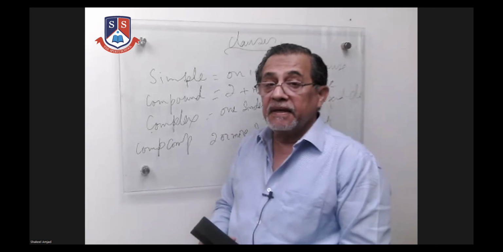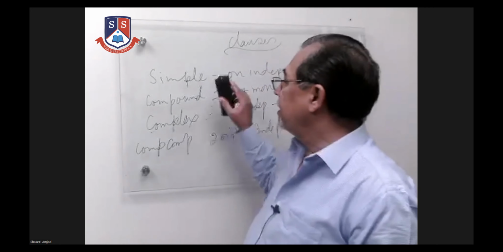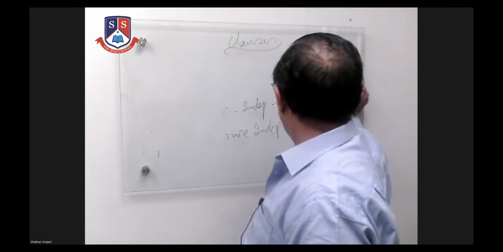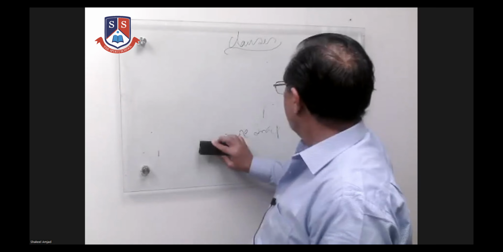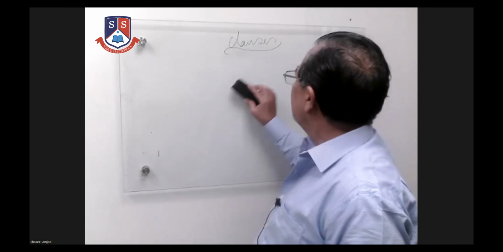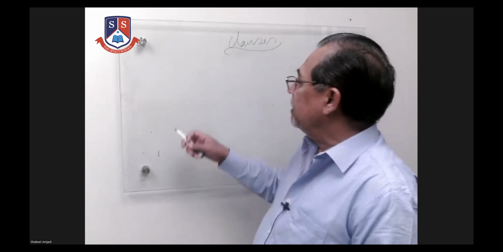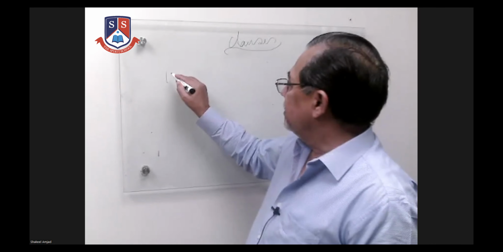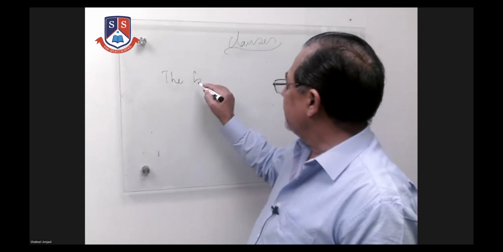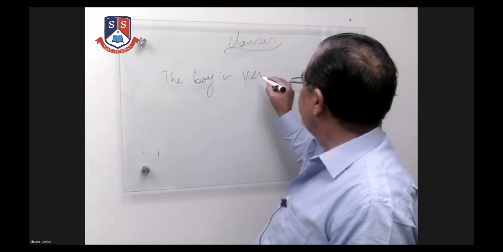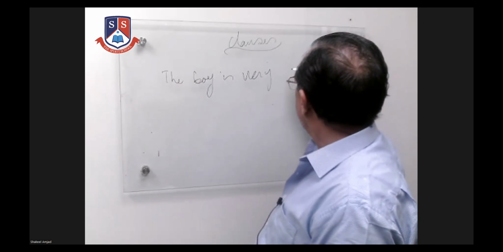A simple sentence is an independent clause, right? So, the boy is very naughty.